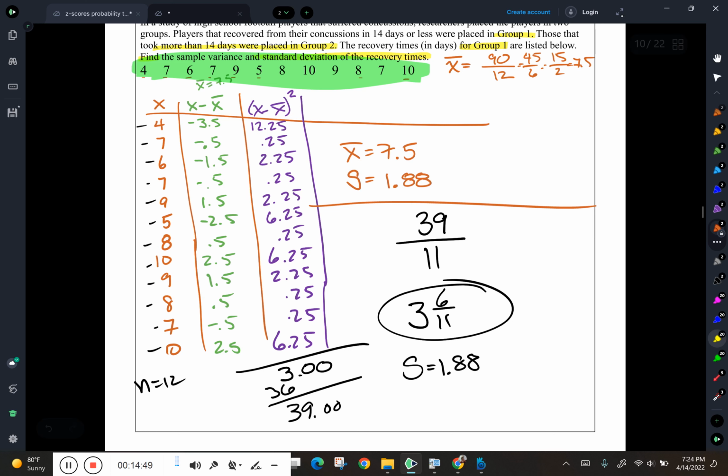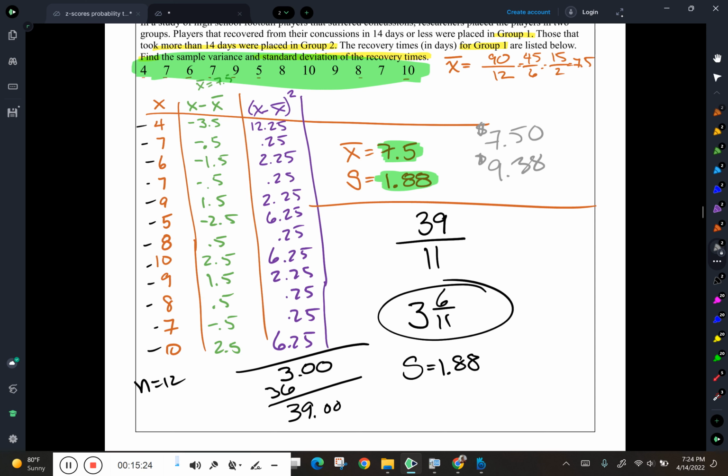Now 1.88 is a fairly large standard deviation if the middle is only 7.5. Think of this in terms of money. Suppose you're out for dinner and one meal costs $7.50. Okay, but on the menu the variation on average was 1.88. And what that would attempt to tell me is that, yeah, there might be a meal on there that's $7.50, but the next one might be $9.38, one standard deviation above, so $7.50 plus $1.88, $9.38.